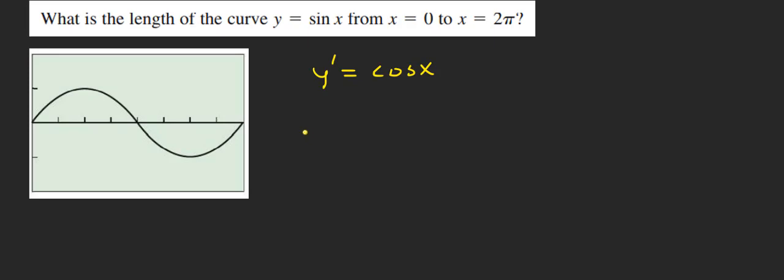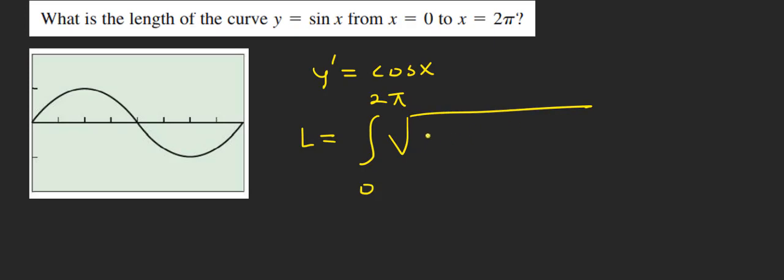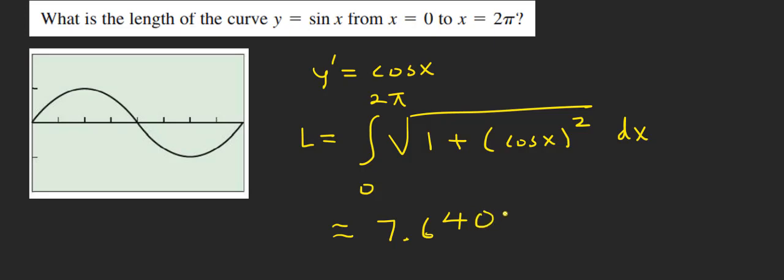So now the length of the curve will be the integral from 0 to 2 pi of radical 1 plus quantity cosine x squared dx. Again, you can use your graphing calculator, and your answer will be 7.6403. It's always good and safe to go to 4 decimal places for your final answer.